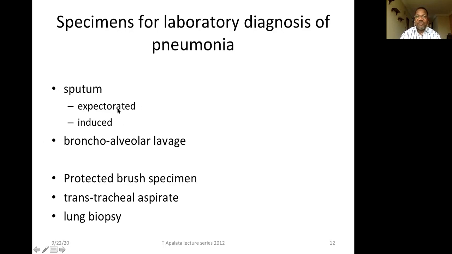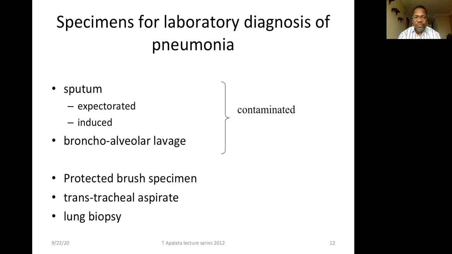Expectorated sputum is what the patient is able to cough out him or herself, and induced sputum is where some techniques need to be used, maybe by physiotherapists, to try to induce that sputum to come out. Then another type of specimen we can have is what we call bronchoalveolar lavage. We also have a protected brush specimen. We have transtracheal aspirate. We also have lung biopsy that can be done.